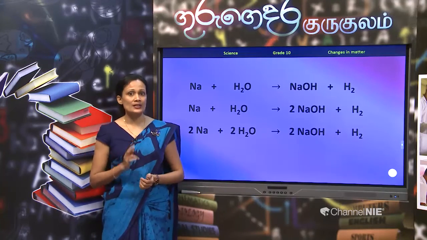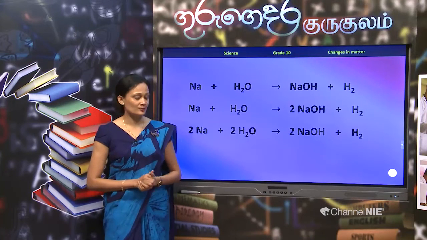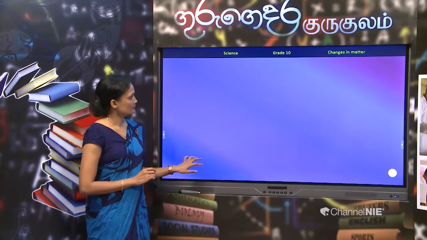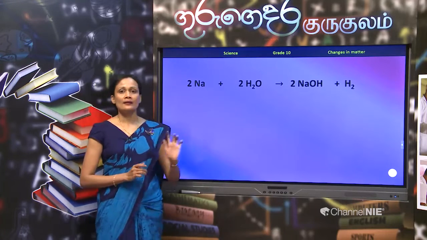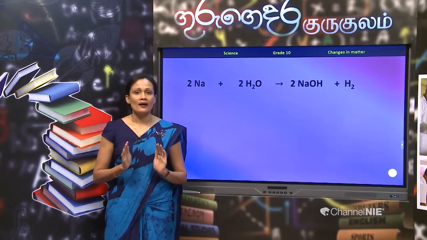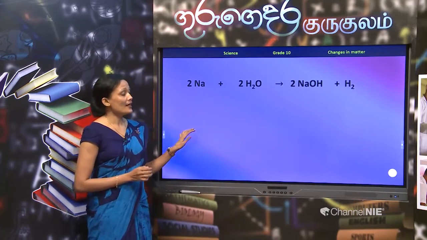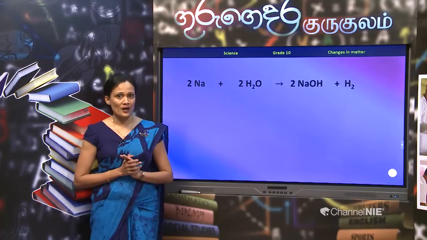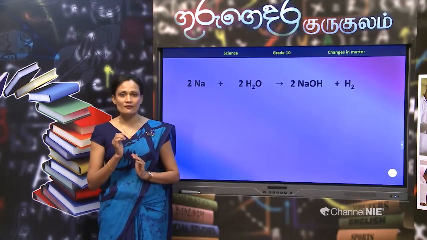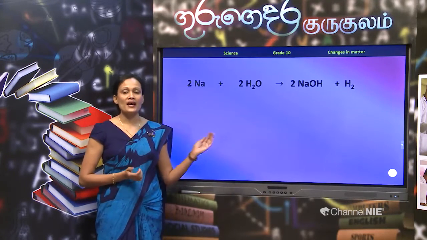Now let's move to the second part of that question. Here I took the balanced equation. Then I am going to explain about the details that we can obtain from that balanced equation.